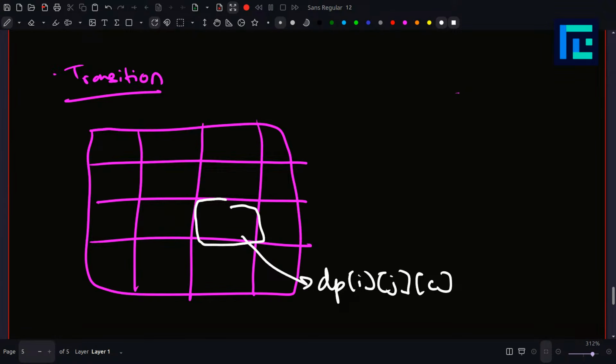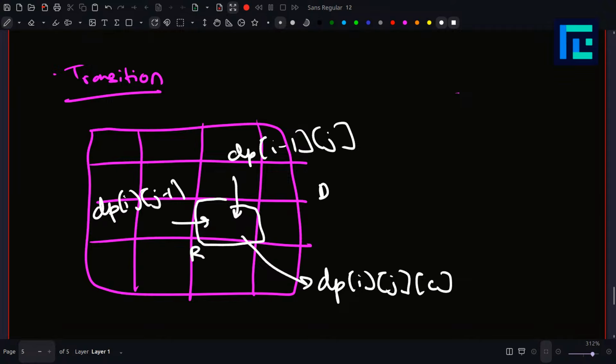Now, obviously, we came here either from this direction or this direction, right? This one using a down operation and this one using a right operation. So basically, this is dp[i-1][j], and this is dp[i][j-1]. Now we need to know how the cost has changed when we moved from here to here.